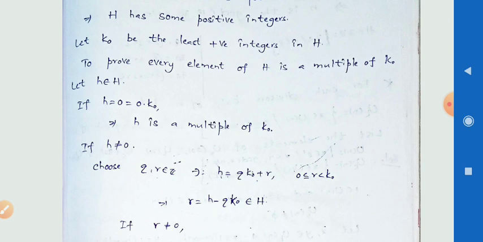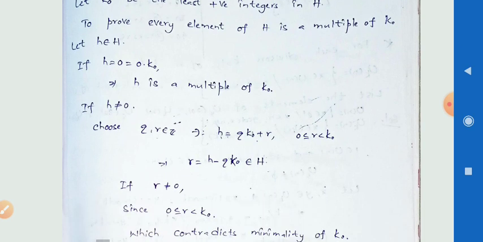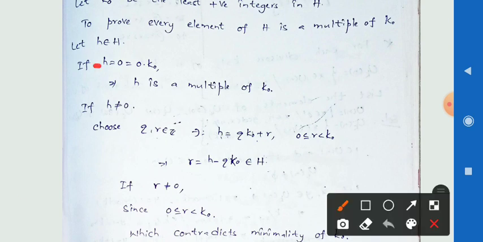Now if h not equal to 0, choose q comma r belonging to Z, two numbers, such that h is equal to q into k naught plus r. The condition is that r lies between 0 and k naught: 0 less than or equal to r less than k naught.